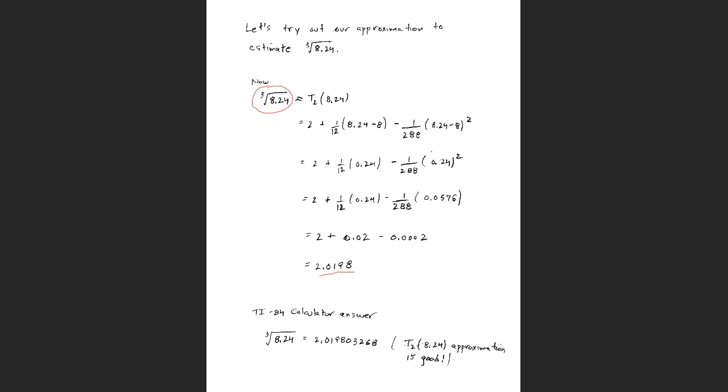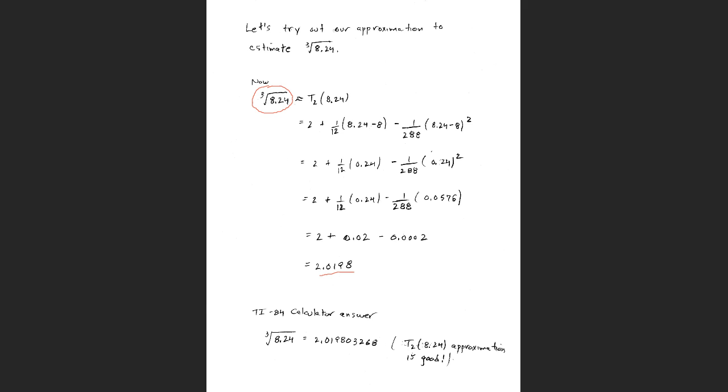Now, we're told that that answer should be accurate to within approximately 3/10,000ths. That's what we're told, right? So we have faith that it should be a very good answer.